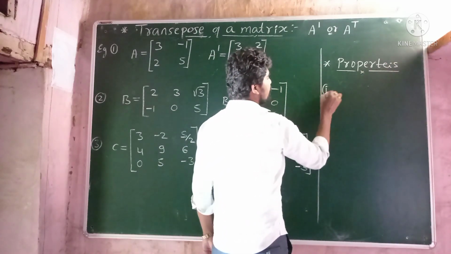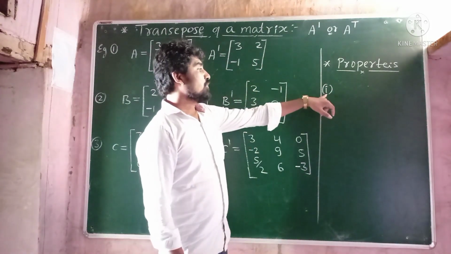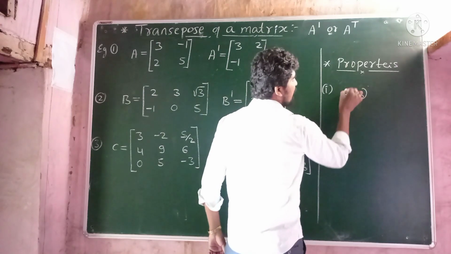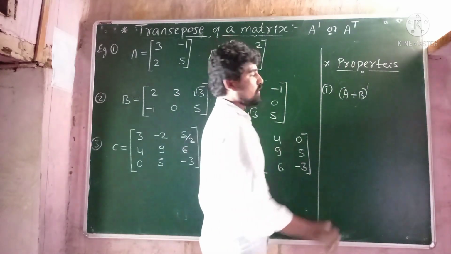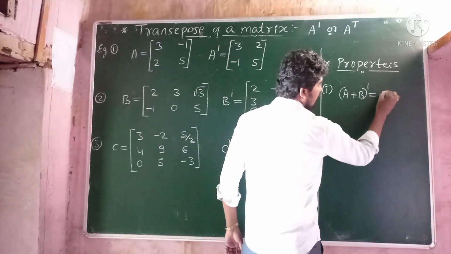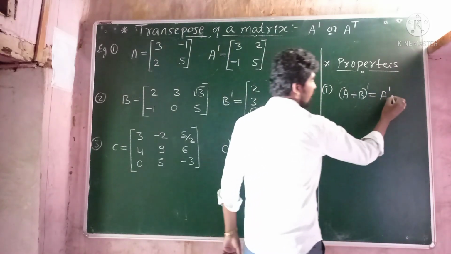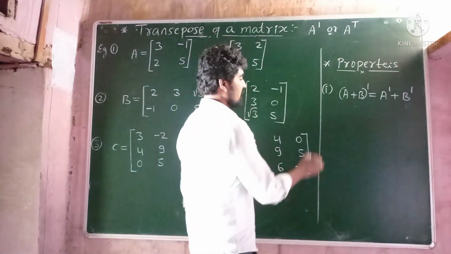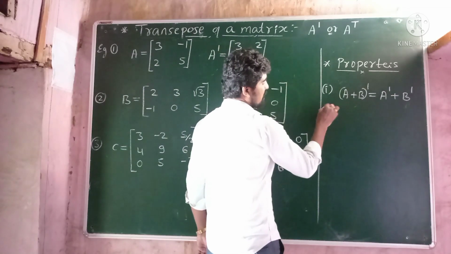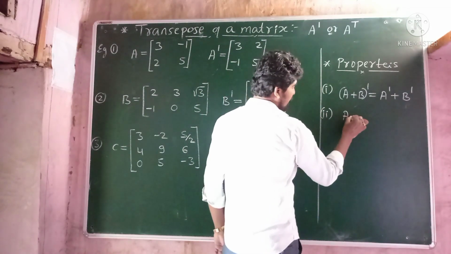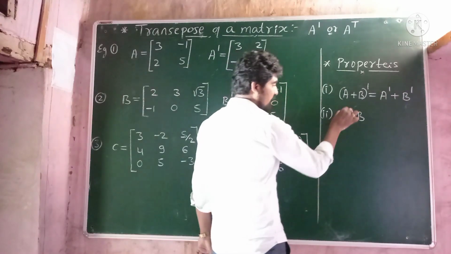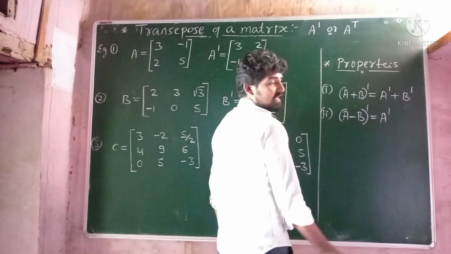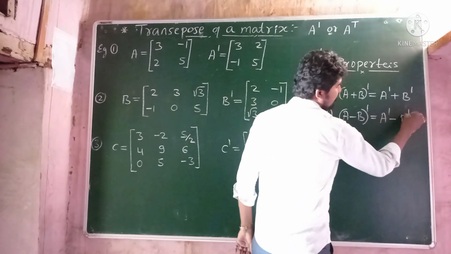The first one is transpose of the matrix A plus B, means A plus B whole dash, is equal to transpose of the matrix A plus transpose of the matrix B. And similarly, the second property is transpose of the matrix A minus B, means A minus B whole dash, is equal to transpose of the matrix A minus transpose of the matrix B.